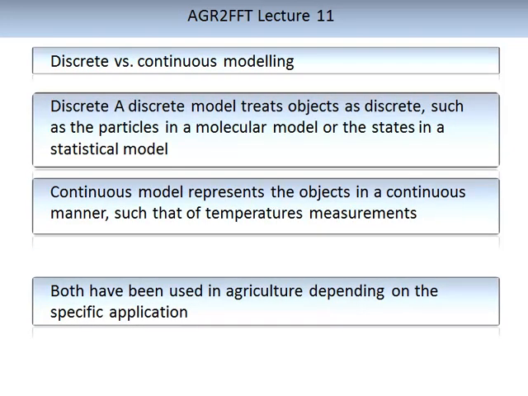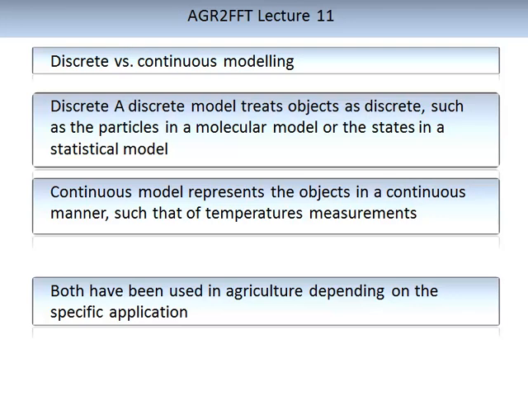Another type of model category is that of either discrete or continuous modelling. Note, this is different from static or dynamic. A discrete model treats objects as discrete, such as the particles in a molecule model or the states in a statistical model, while continuous models represent the objects in a continuous manner, such as temperature measurements.